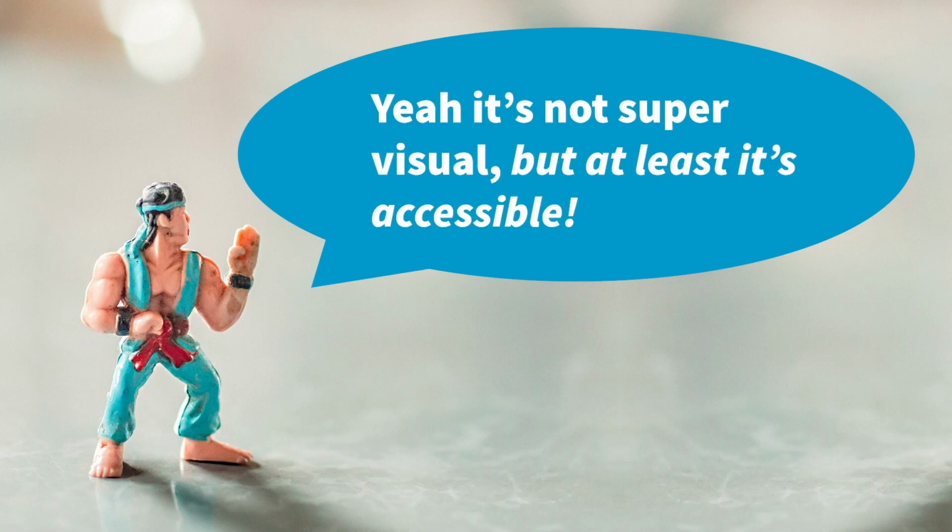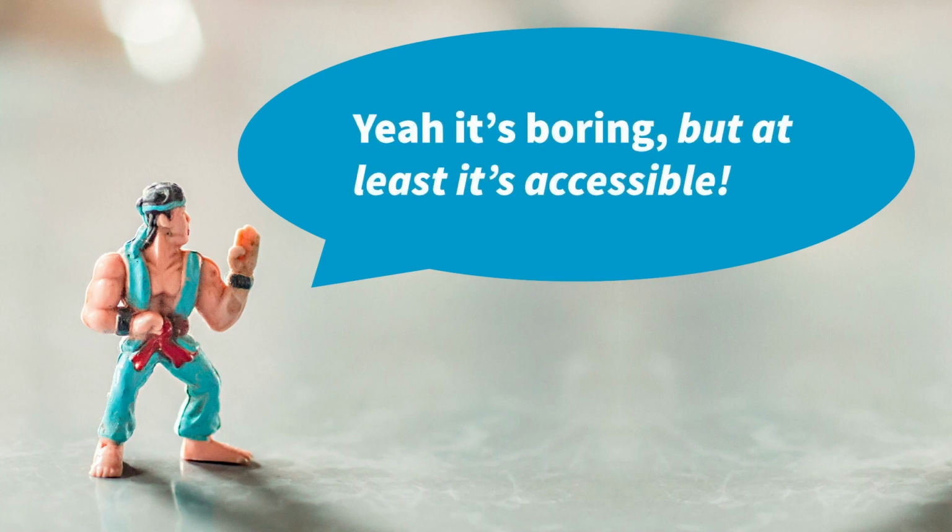And people will say the same kind of idea in different ways. So another way I've heard this as a reason for having text-heavy status quo presentations is people will defend it by saying, yeah, it's not super visual, but at least it's accessible. Or, yeah, I know it looks a little boring, but at least it's accessible, right?